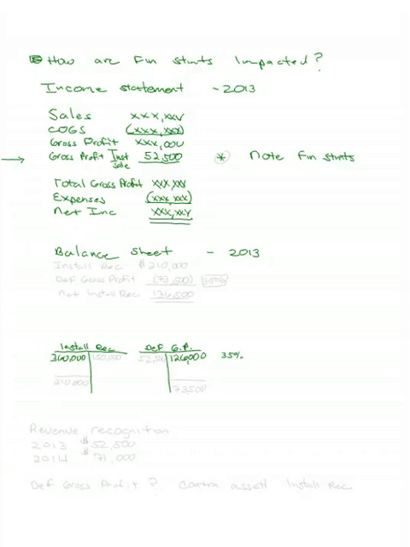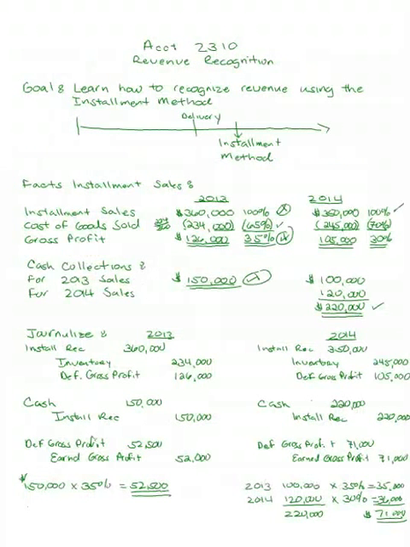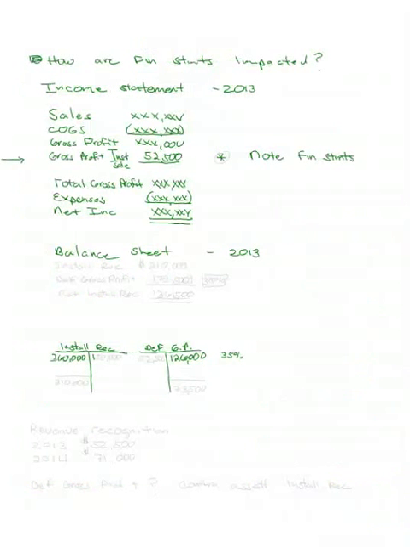Then I want to remind you that we also collected $150,000 on those sales. And so out of accounts receivable came $150,000, leaving in installment receivables $360 minus $150, $210,000.